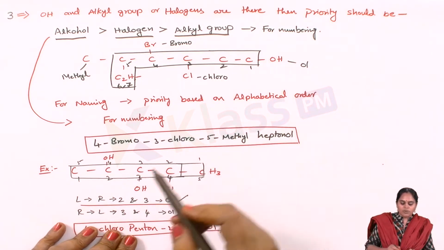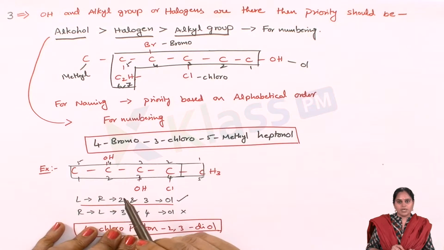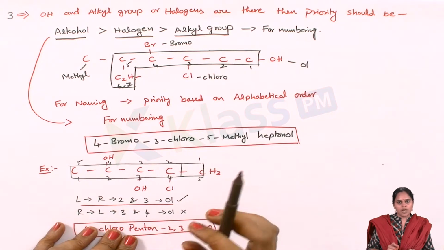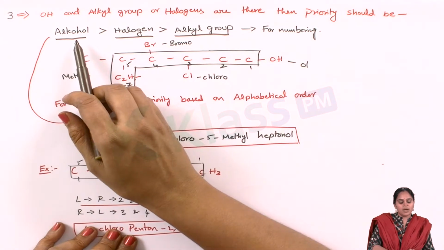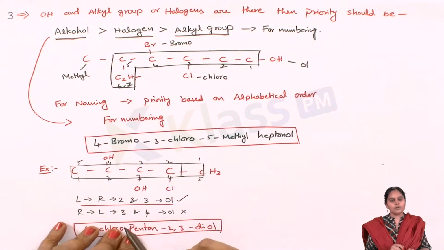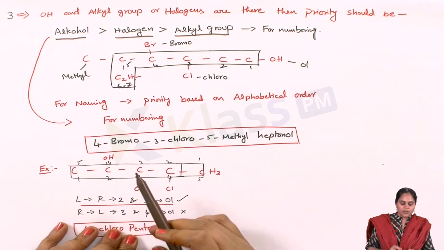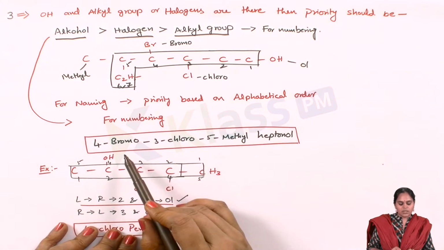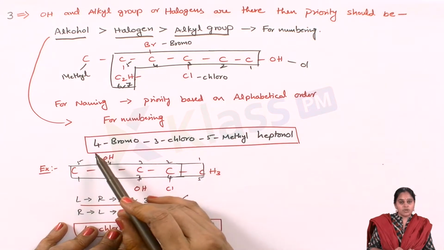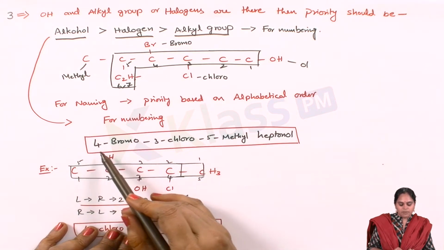And then, while giving the naming convention, as I told you, you have to follow the alphabetical order. While giving the numbering, you have to give the numbering based on this priority, that is, alcohol group, halogen group and alkyl group. Now we have given the numbering, we found the longest chain. Then, giving the name to that, you have to follow the numerical value first.